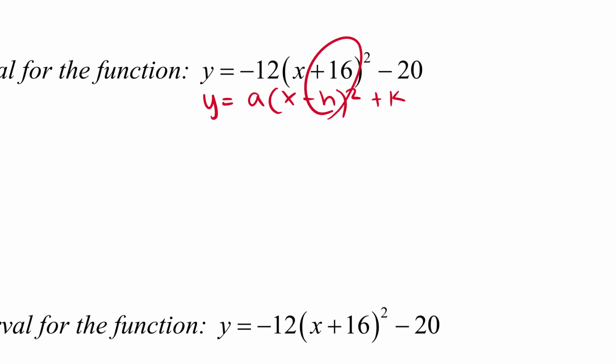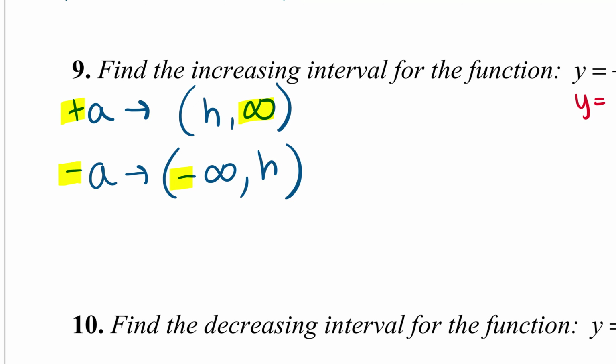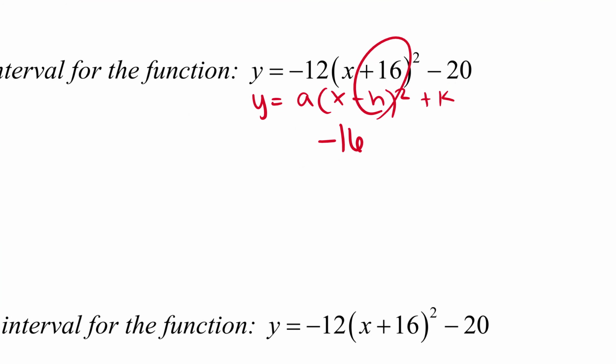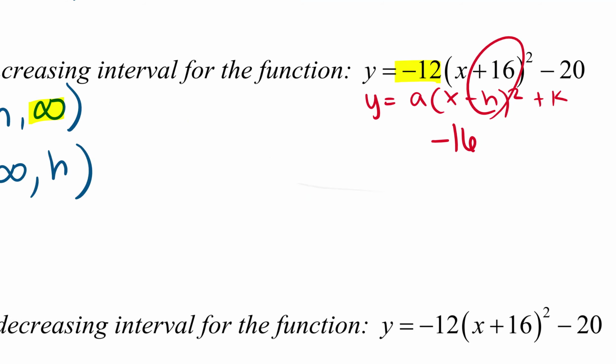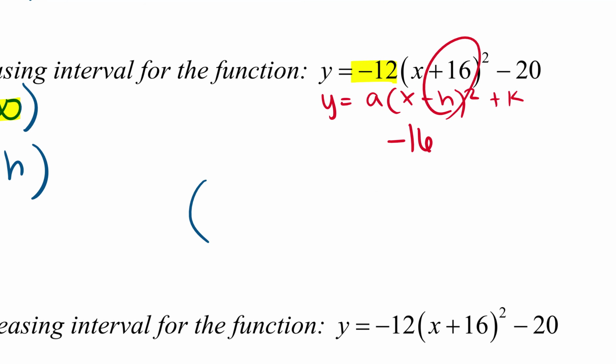So I'm going to be using negative 16 because you got to flip it. My a, let's look at a. a is negative 12. So because I have a negative a, I'm going to use negative infinity to h. So all I do is negative infinity to negative 16. And that's my answer.